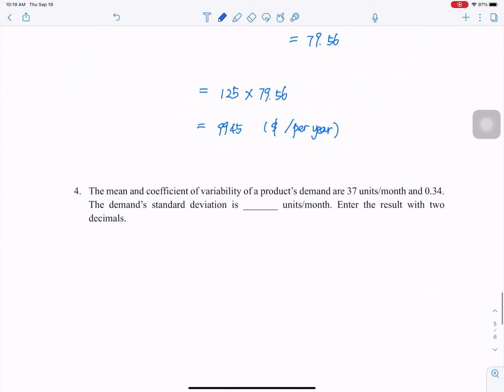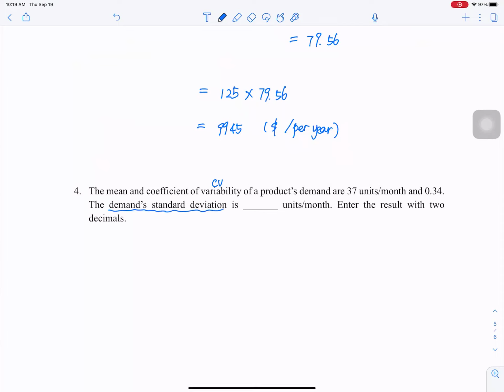And then for question 4, we are given the mean and the coefficient of variability, CV, of a product's demand, which are 37 and 0.34. And the question asks us to calculate the demand standard deviation.